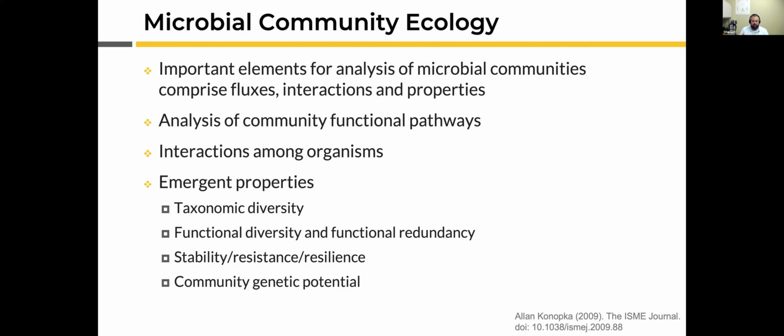And so some of these emergent properties that we saw in the quote from the previous slide are taxonomic diversity, functional diversity and redundancy, stability, resistance and resilience, and community genetic potential.